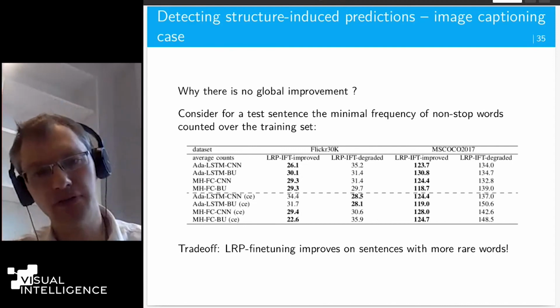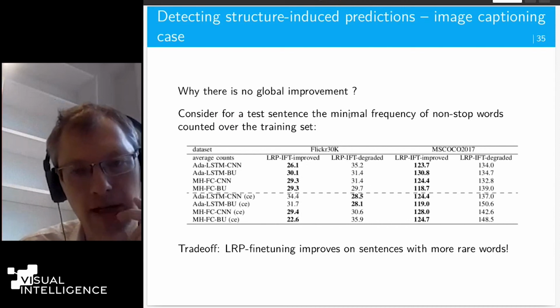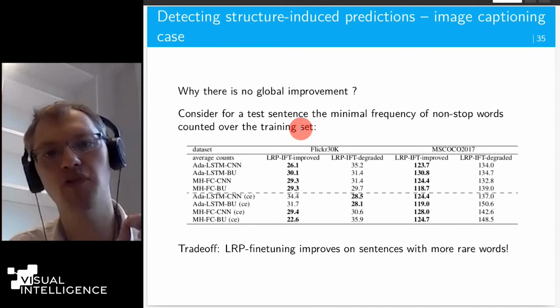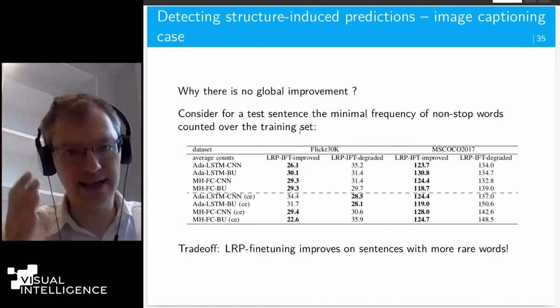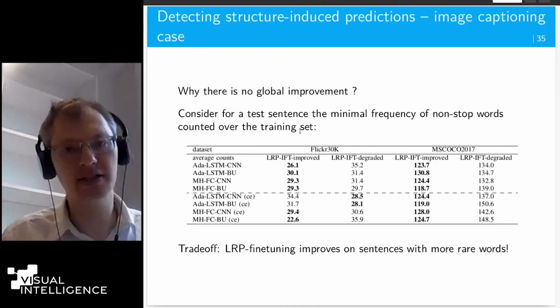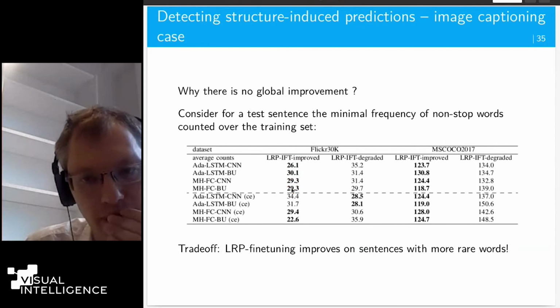Well, we can look at the following statistics. We can look at the test sentence. We can look at the minimal frequency of non-stop words counted over the training set. So I look at the non-stop words in a test sentence, but I count how often they are present in the training set. And then you can see that for those sentences where LRP improved, the frequency of the rarest words is low.